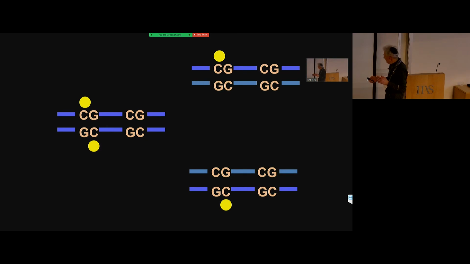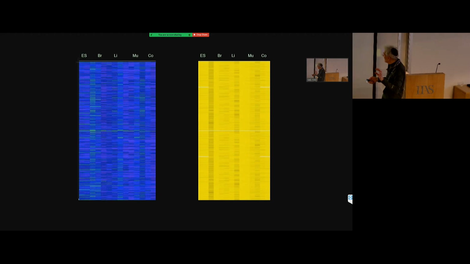That generates a hemimethylated site over here and over here, and there's a special methylase, together with a number of other collaborative proteins, which recognize these sites specifically and methylate the opposite strand, thereby perpetuating the original pattern that was developed at the time of implantation. And this goes on, and if you look in an adult, again, this is overall.